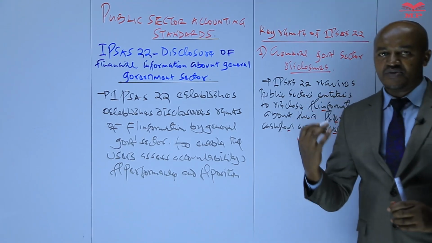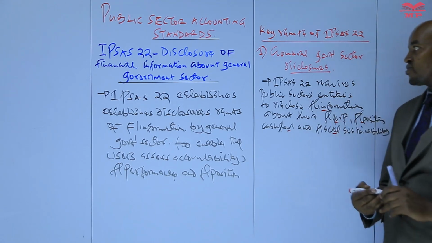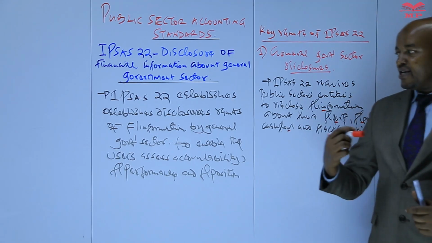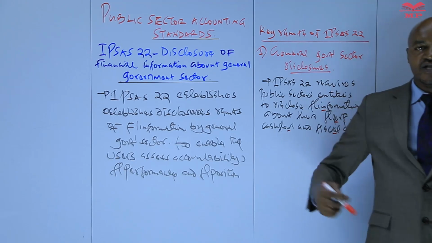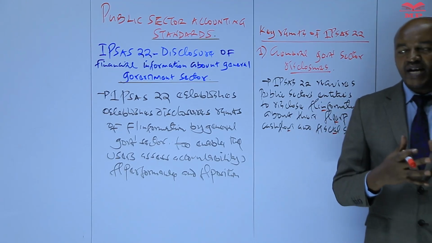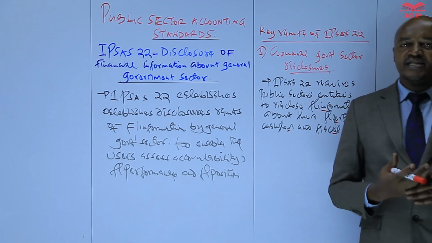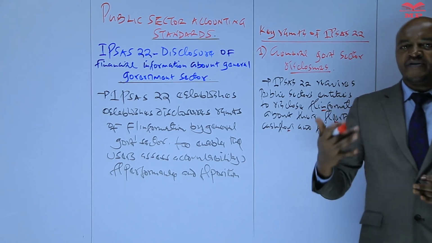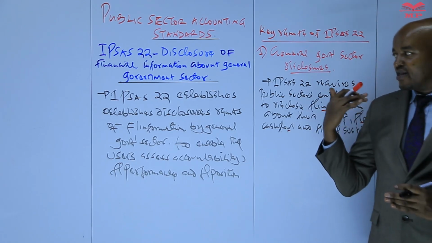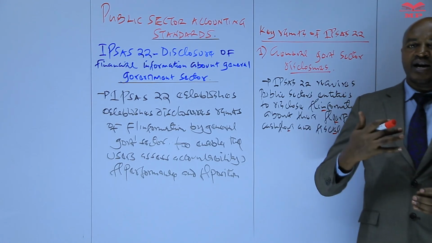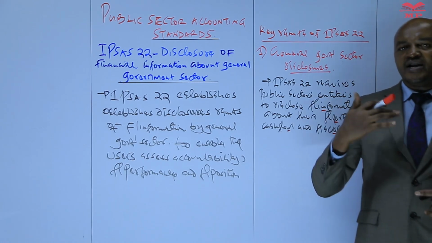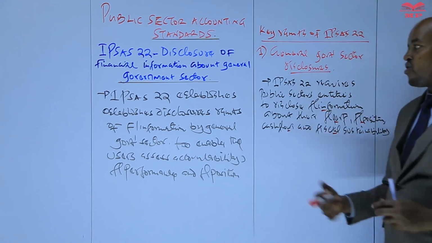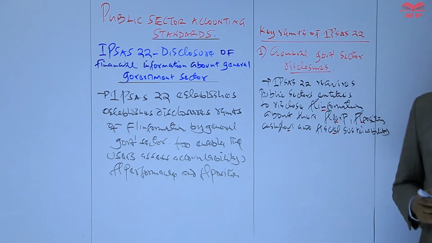Now, this particular information to be disclosed enables the users of financial statements prepared by the public sector entities to do what? To have a comprehensive understanding of the financial activities, liabilities, and financial risk of the public sector entity.